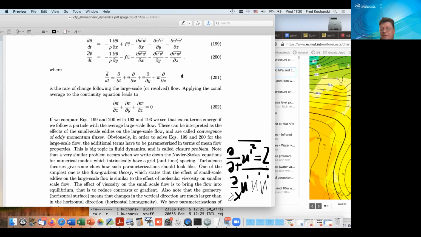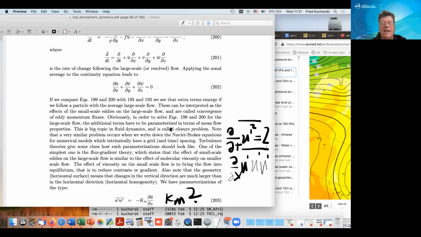What does molecular viscosity do? It tries to remove shear. It tries to remove all shear. And if we have a rigid boundary, it will make the flow zero in the end. This is what molecular friction does. It tries to remove changes in our flow.